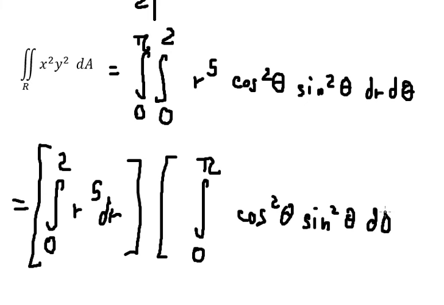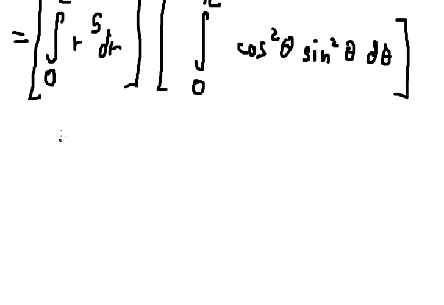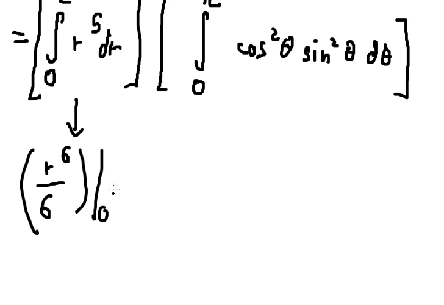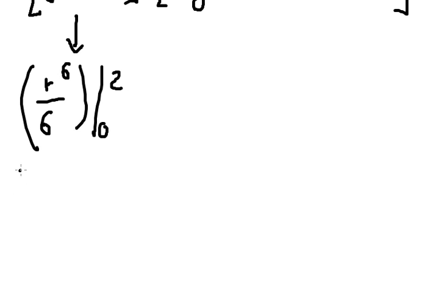This one we can calculate first, and we have r to the power of 6 over 6. And we put the bounds from 0 to 2. So 2 we put in here, 0 we put in here.